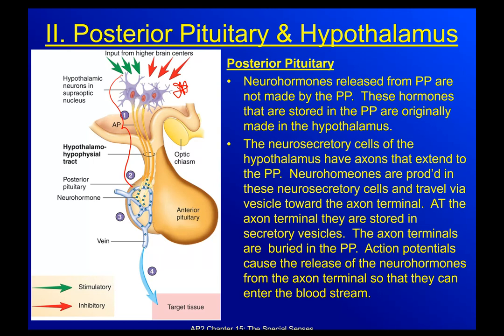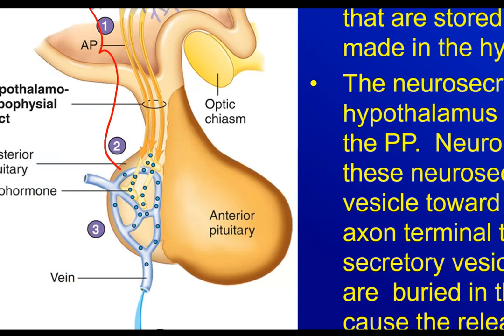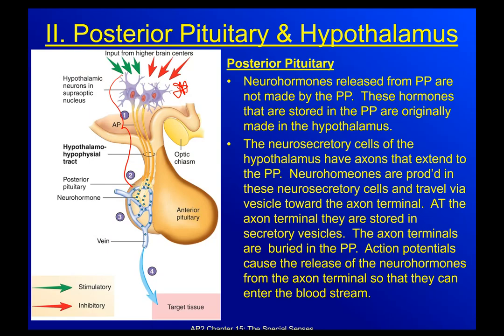They make the hormone, put it into a vesicle, a bubble, and they store it here in the axon terminals that sit or reside in the posterior pituitary. Technically, posterior pituitary is just a holding cell. It didn't make the hormones. It's not going to do anything specific with the hormones.